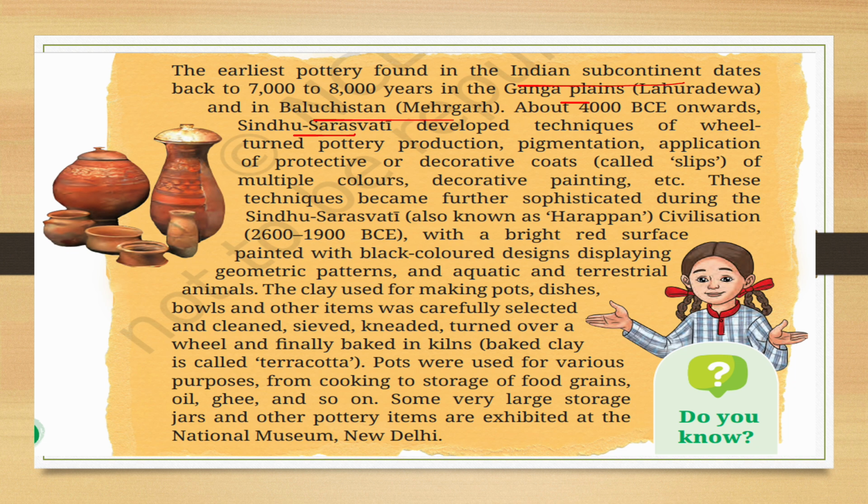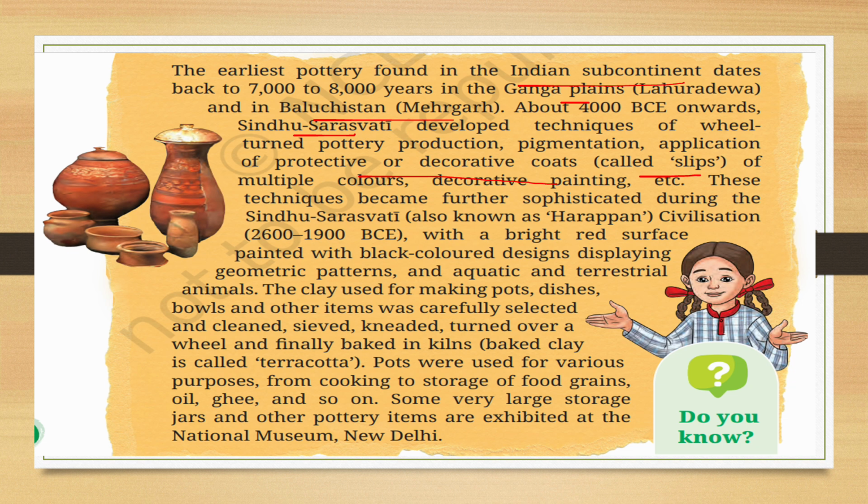One of their notable achievements was the development and use of the potter's wheel. They used different protective or decorative coats called slips of multiple colors. They also used decorative painting.